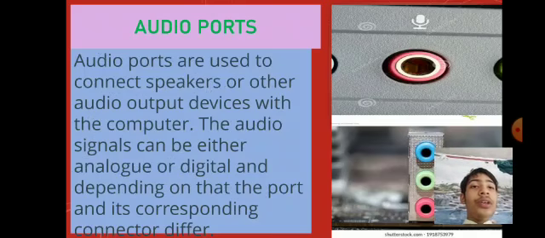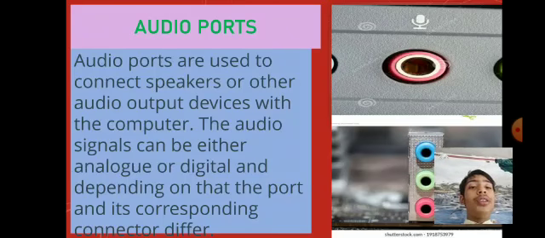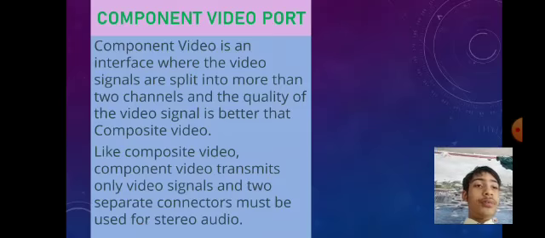Audio ports. These ports are used to connect speakers or any other audio output devices, and the audio signals can be either analog or digital depending on the port and its corresponding connector.